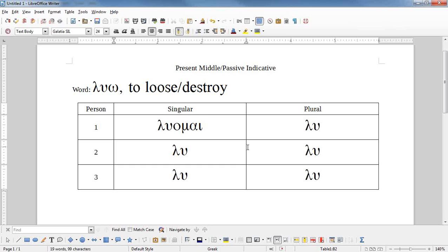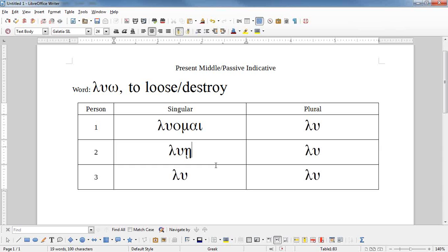The second person singular form is an eta with an iota subscript. Now, this is the one that gets people confused a lot. It still gets me confused, especially if I don't know whether the word is a verb or a noun, the reason being that this ending we saw as a noun ending.